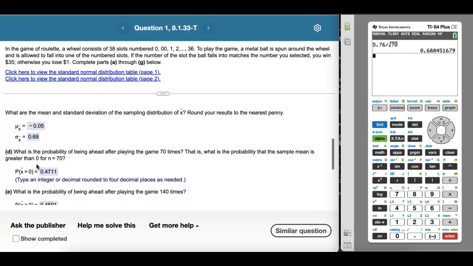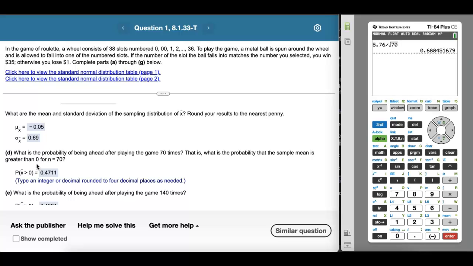Next, we're asked to find some probabilities related to this particular sample size. So here is where we would turn to the distribution menu, normal CDF. We want to know the probability that the sample mean is greater than 0 for n equals 70. So the lower bound is 0. Upper bound, we'll leave at the highest value. The mean we just determined and the standard deviation we just determined, they're over here.